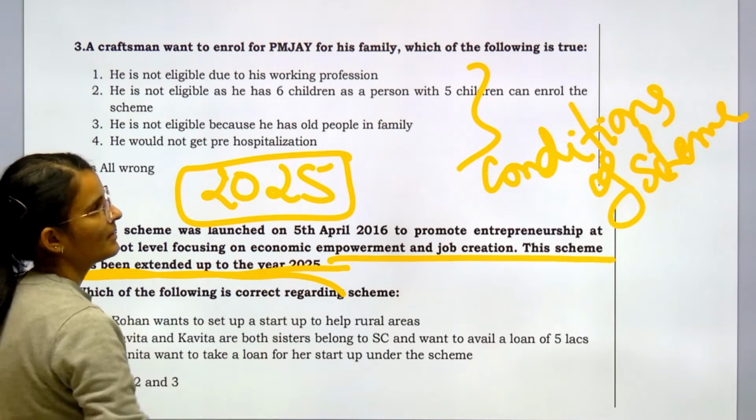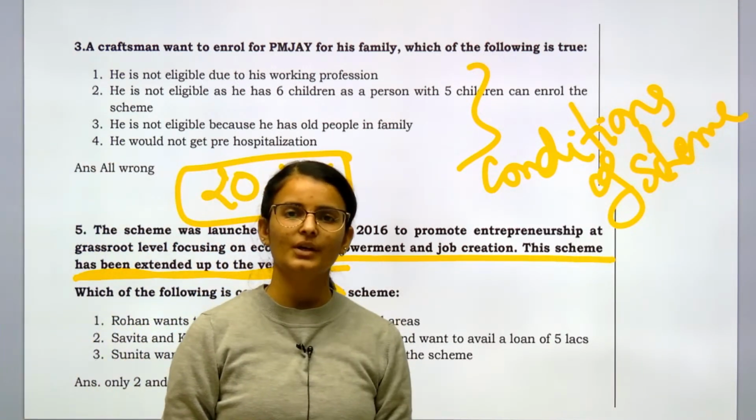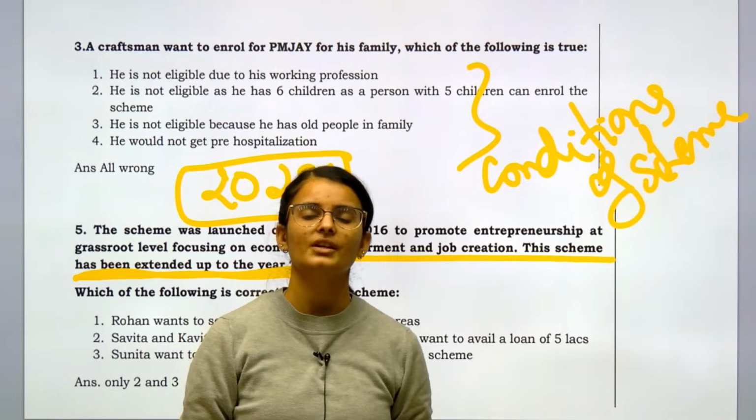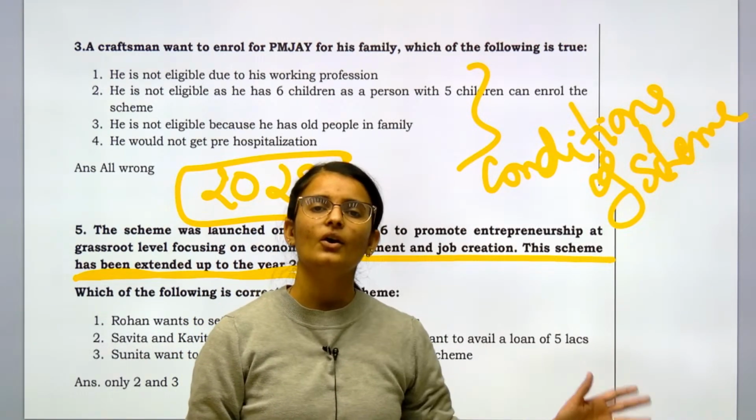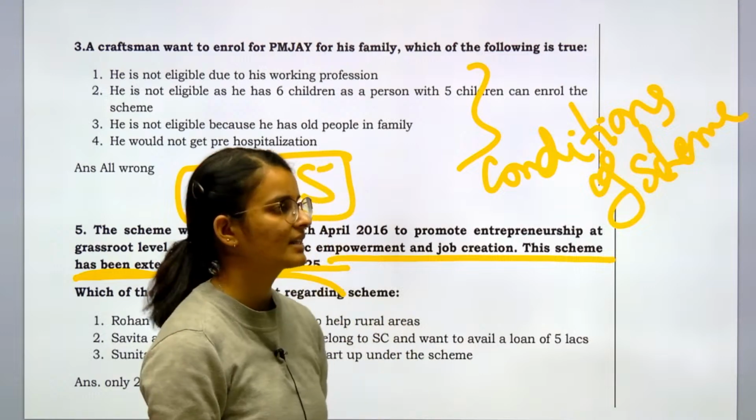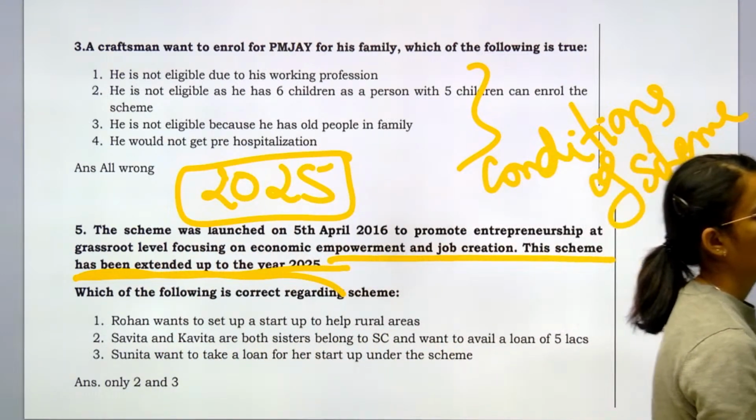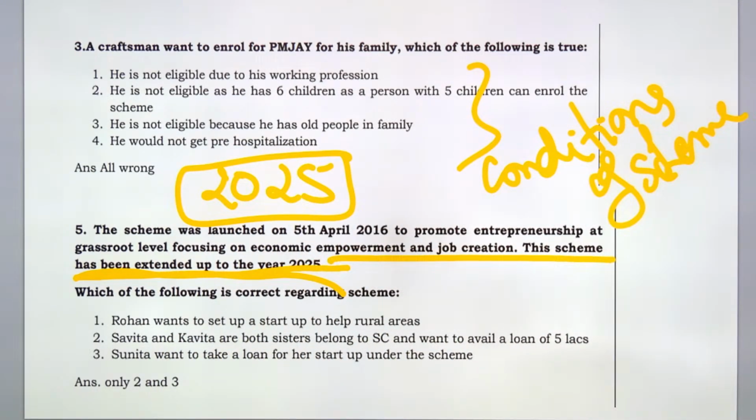Now they don't ask such a direct question. Either they will ask you a reverse question or some other question related to that scheme. Okay, either static or current. Getting my point?